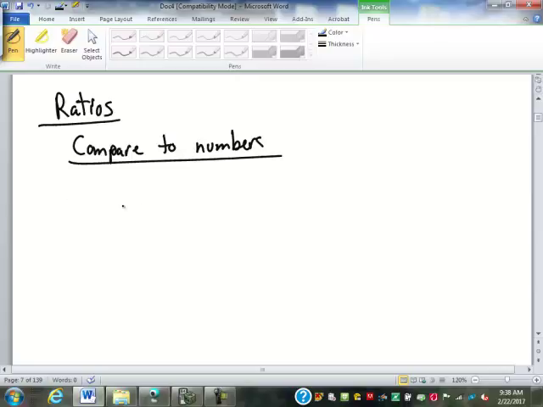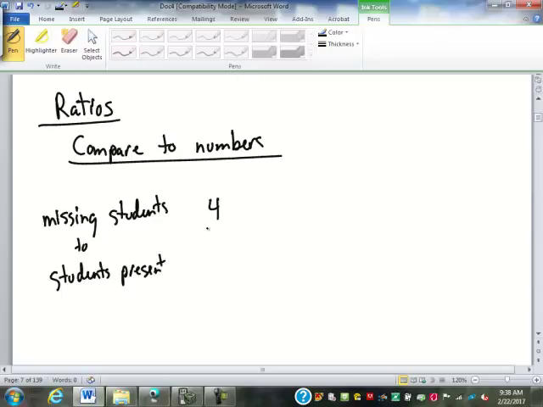So I could look at a ratio of missing students to students present. There's 4 that are gone, and there are 8 students here.